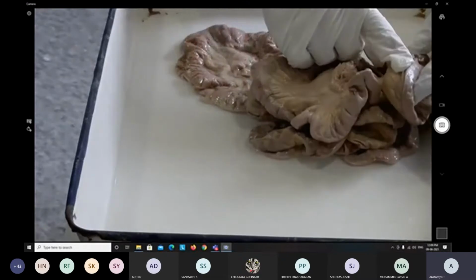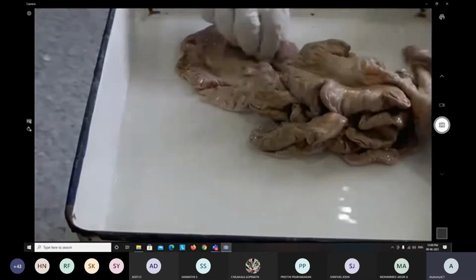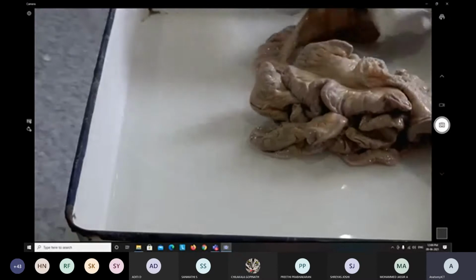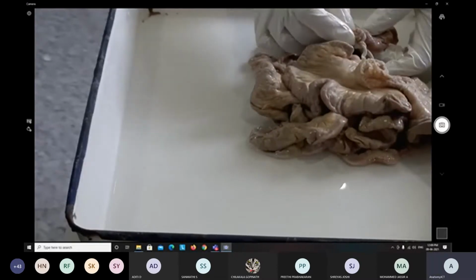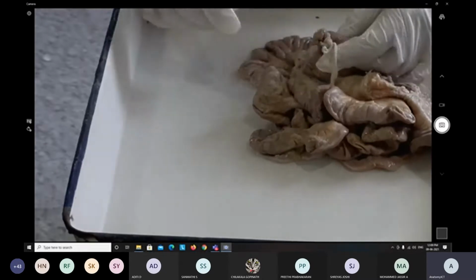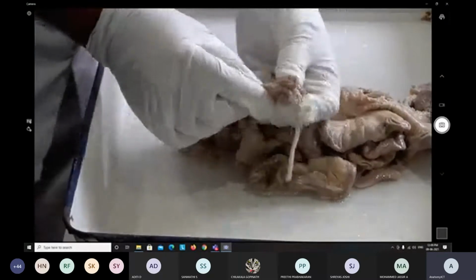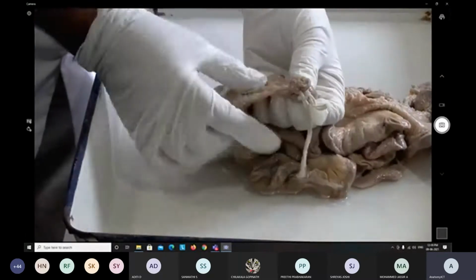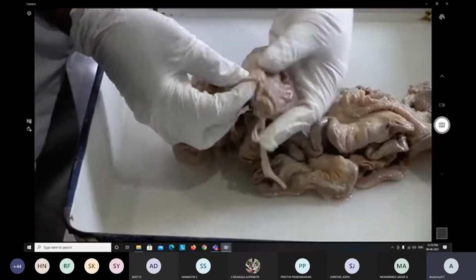So this is the tubular area. One second, I have to check from here properly. So this is the tubular area.